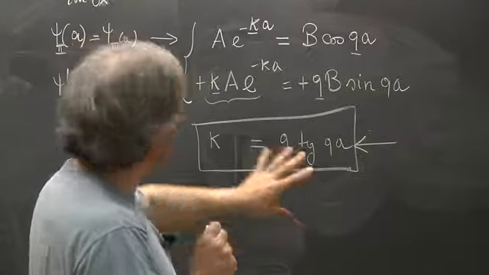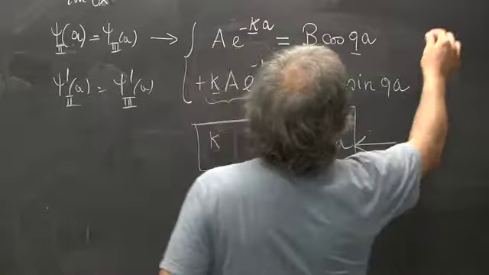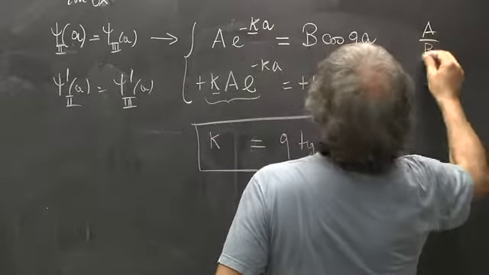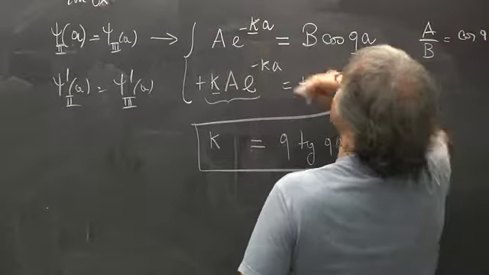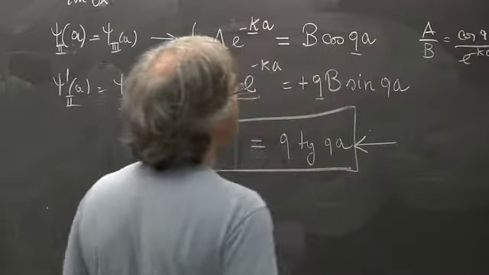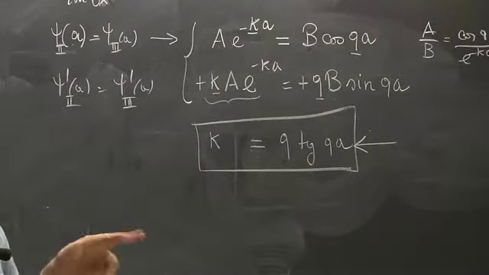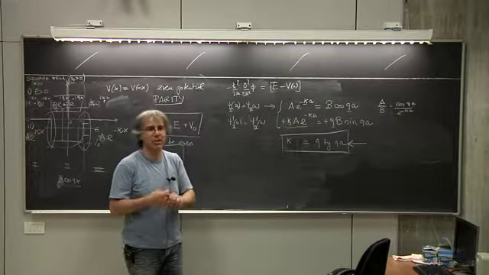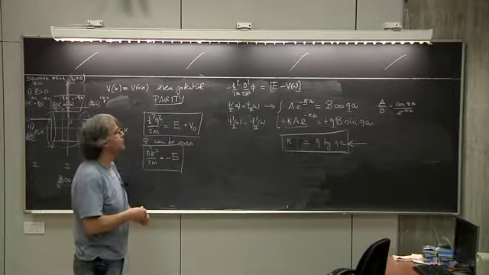But once you have fixed K and Q, you can find A over B. A over B is equal to cos QA divided by e to the minus KA. So the ratio, not A and B separately, because you can always normalize as you wish, for instance by imposing that the norm is 1.